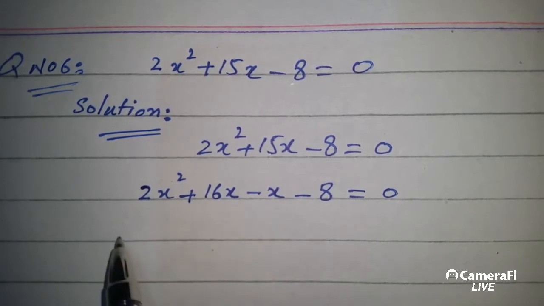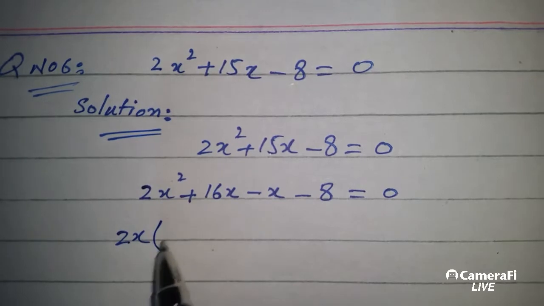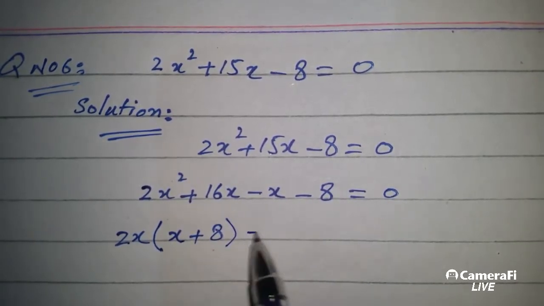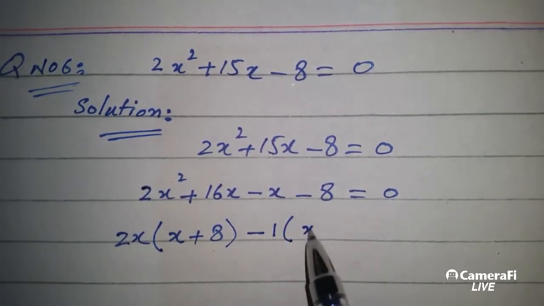I can take 2x as a common factor from these two terms, and I can take minus 1 as a common factor from these two terms.